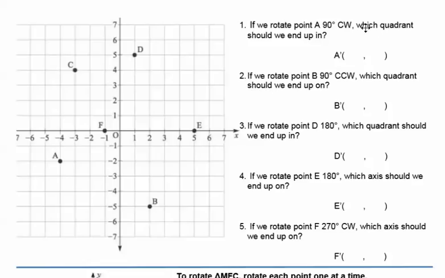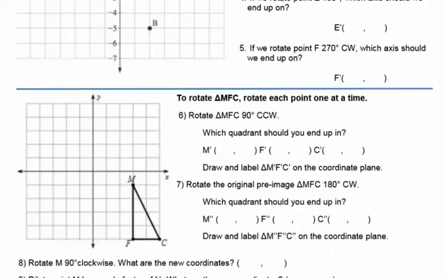The best thing to do is decide what quadrant you should end up in, and then come up with your point after you rotate your paper. See if it matches. Remember, clockwise is to the right, counterclockwise is to the left. 90 degrees, we end up next door. 180, you end up 2 quadrants away.